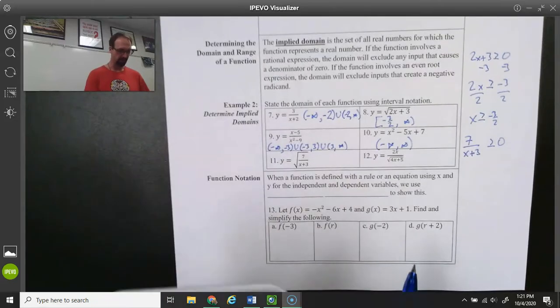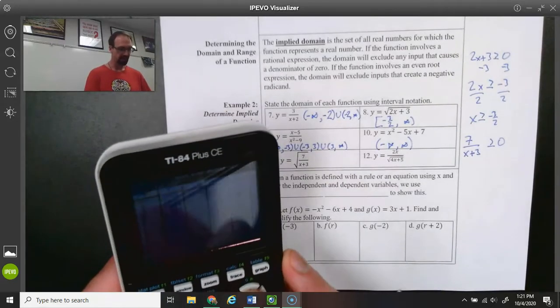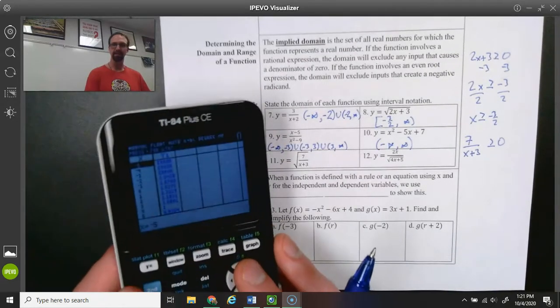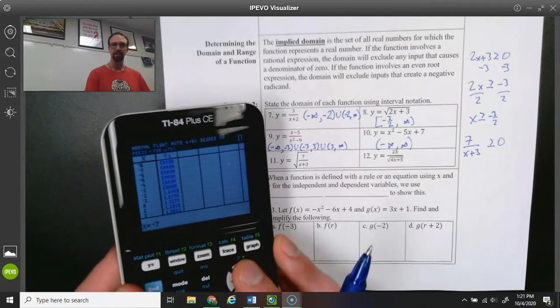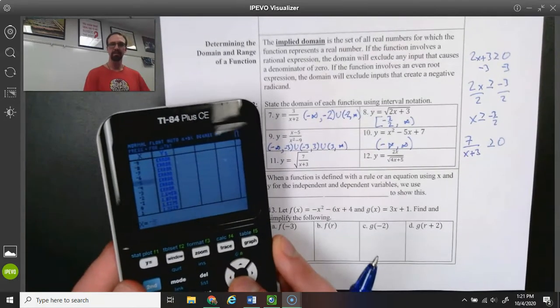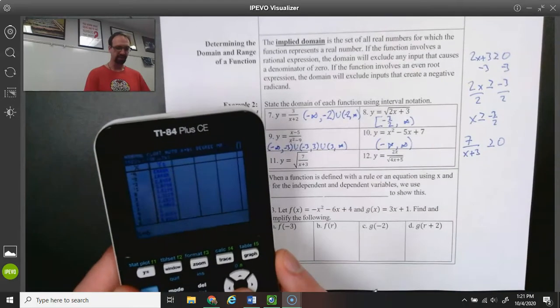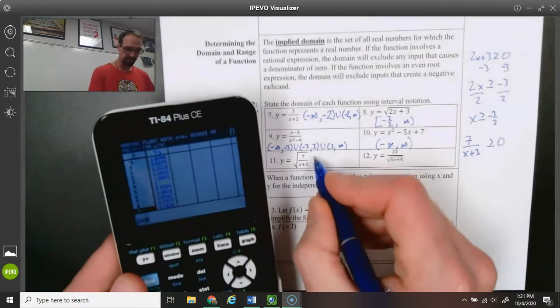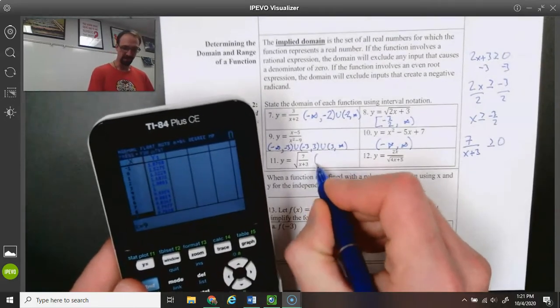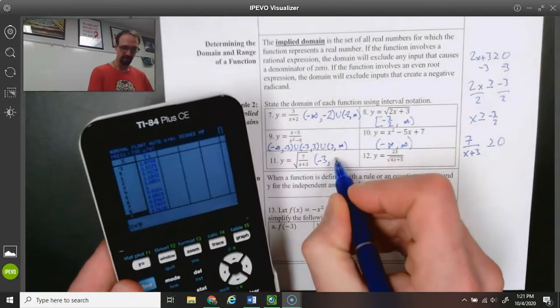I can go to my table we talked about earlier, and if I look at -3, it gives me an error. In fact, if I scroll up from -3, there are no other values that work. This graph begins just past -3 and then continues on. So my domain for this one is -3 non-inclusive and then to infinity.